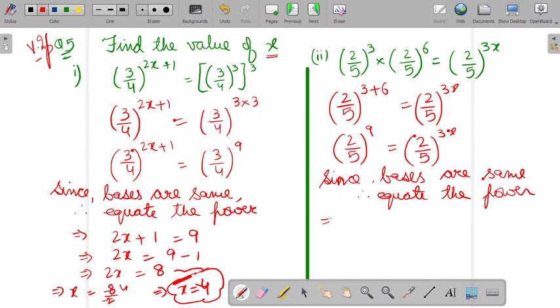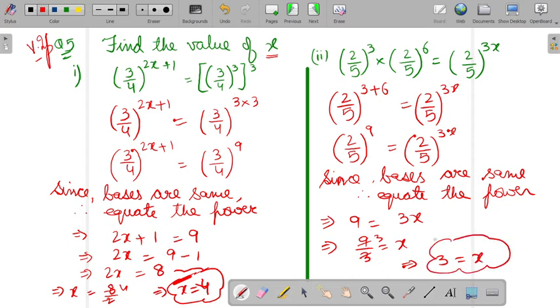So you have to remember this thing, that if the bases are same, then only you can equate the power. So 9 equal 3x, so x would be 9 upon 3. Now cancel it. So you are getting 3 equal x or x equal 3 as an answer.